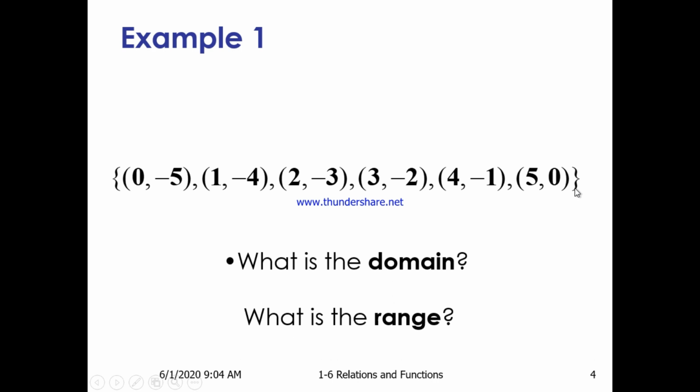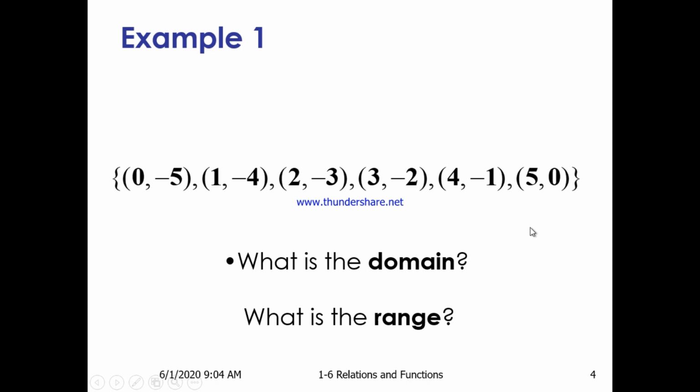Now, question: which of these numbers, the first coordinates, is called the domain, and which of these numbers are called the range? So what is the domain and what is the range?